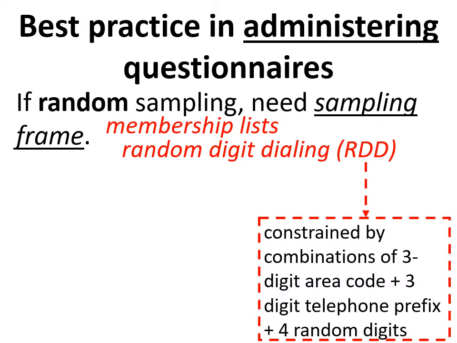So random digit dialing then is just constrained by combinations of 3-digit area codes, 3-digit telephone prefixes, and then you have 4 random digits that are selected.